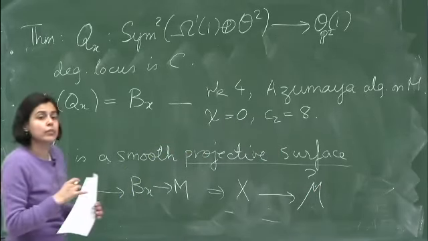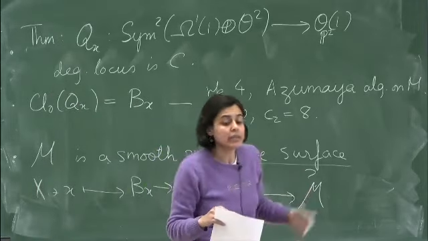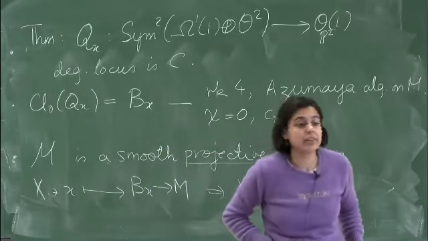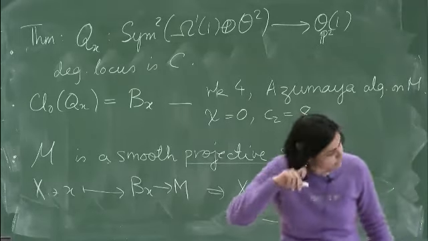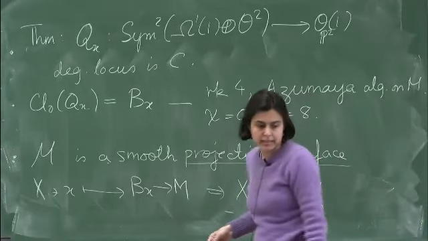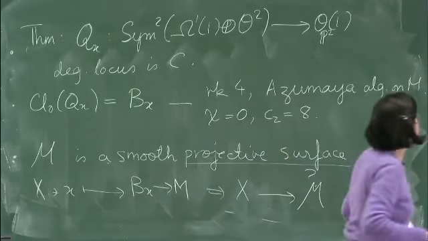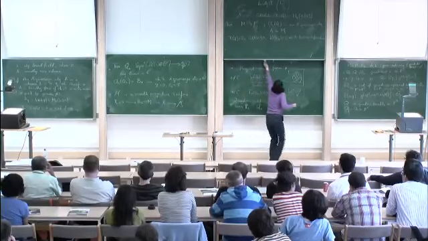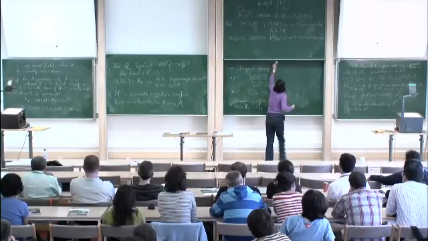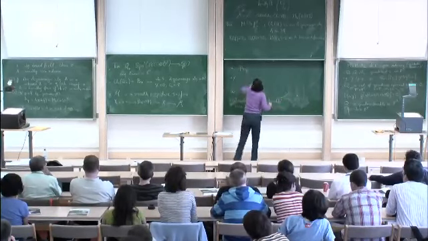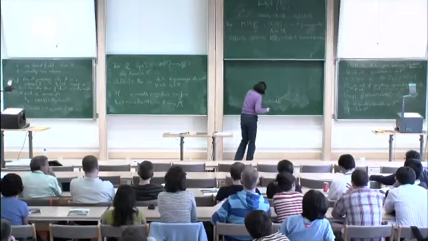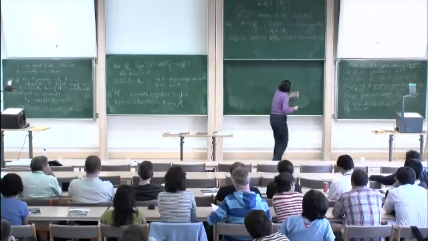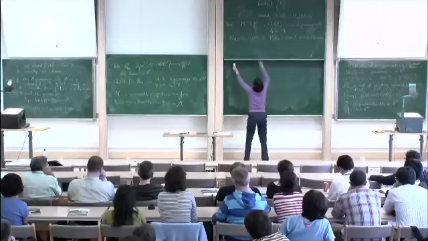There's no direct way of showing that if you take two different points, the Azumaya algebras that you get are actually not isomorphic. So we had to work around it a bit and go to the Brauer-Severi varieties.